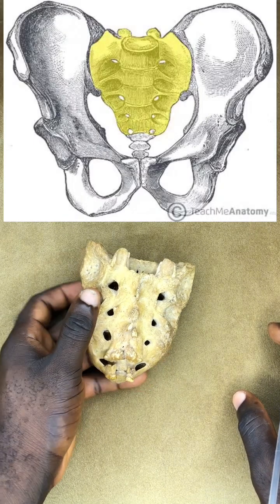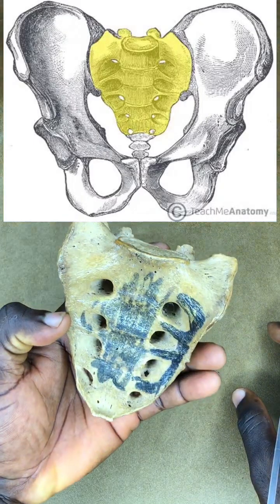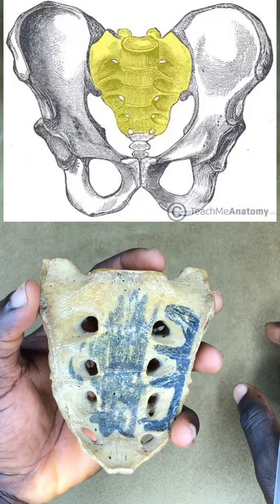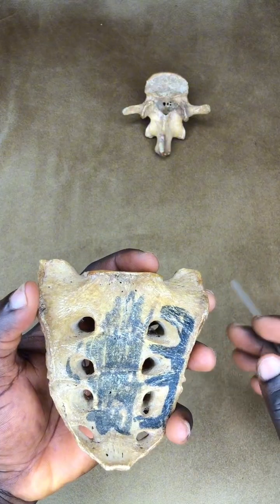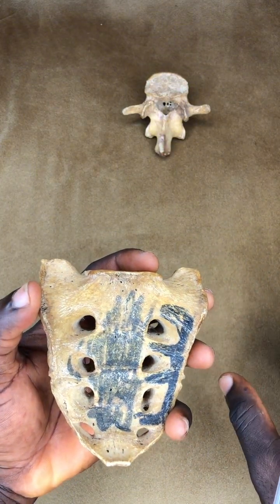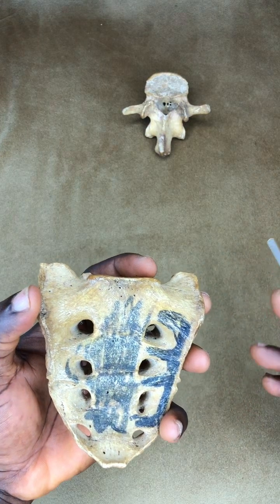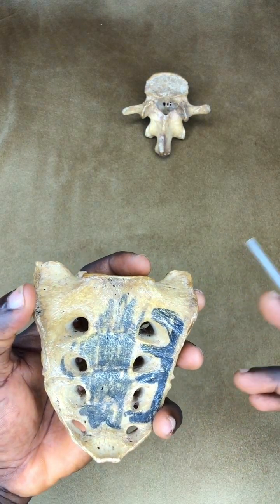Now, let's discuss the features of this bone, because this bone is quite different from other vertebrae in the sense that its features are so unique. Other vertebrae are not fused. They are only articulated by the intervening intervertebral discs.